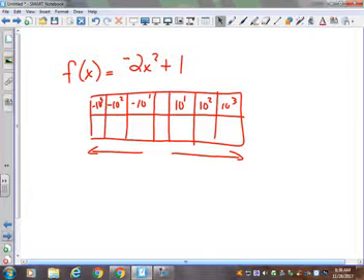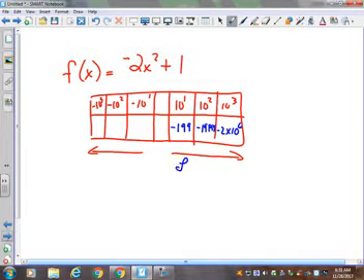So what kind of numbers are you getting on the positive side? Negative what? 199. Oh, okay. And what's the next one? Alright. So those definitely show it's getting negative to negative infinity very quickly.